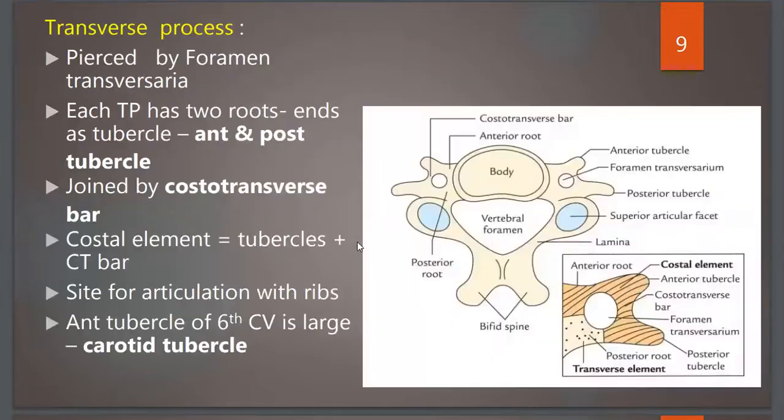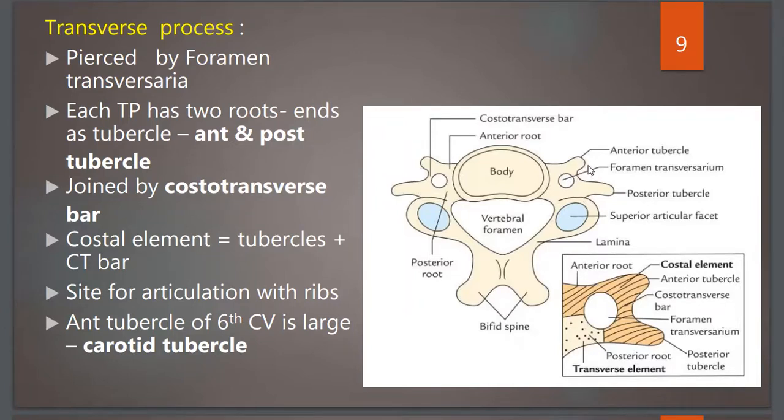Then now see here, which is the transverse process here? This is the transverse process. The transverse process has a big opening, which is the foramen transversarium. Each transverse process has two roots, one anterior root and one posterior root, and they end as sharp projections called the anterior tubercle and posterior tubercle.